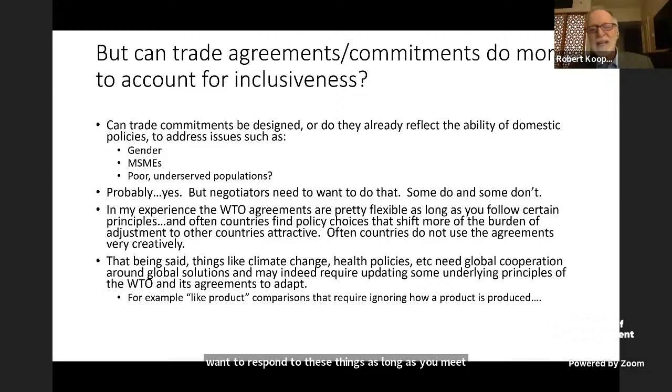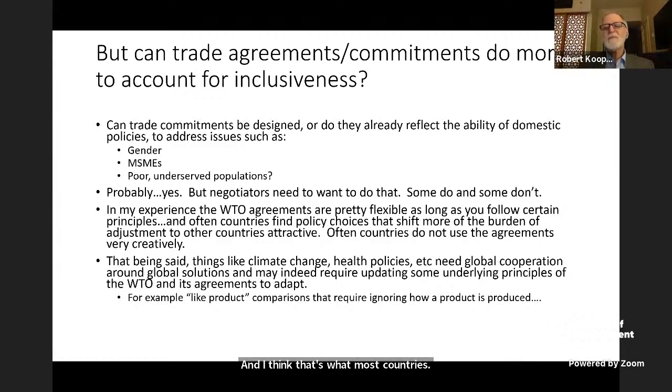You can't discriminate between your domestic and foreign providers. But most countries don't use the agreements in very creative ways, largely because policymakers find it very easy to blame somebody else and to try to shift the burden of adjustment to other countries rather than to think more comprehensively about how we can solve these problems.